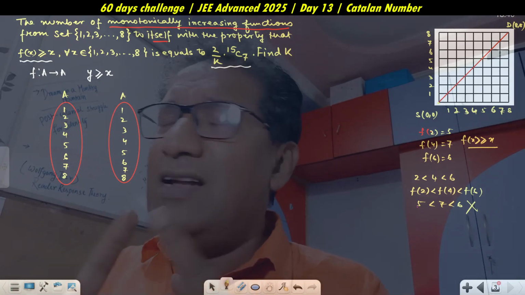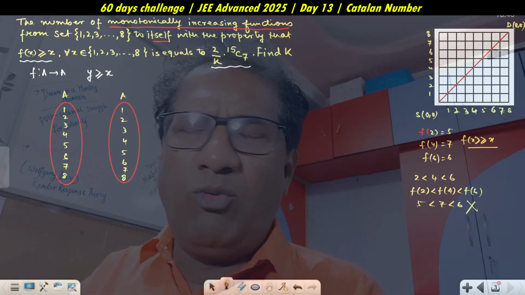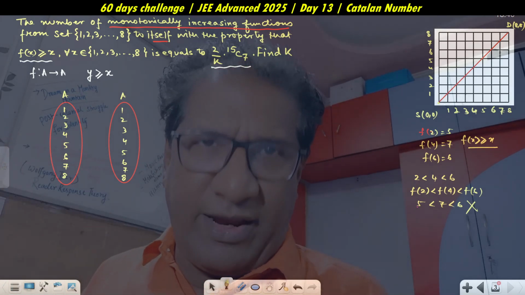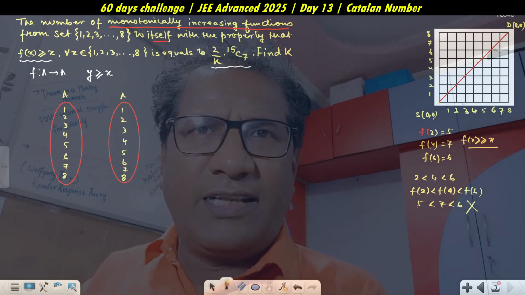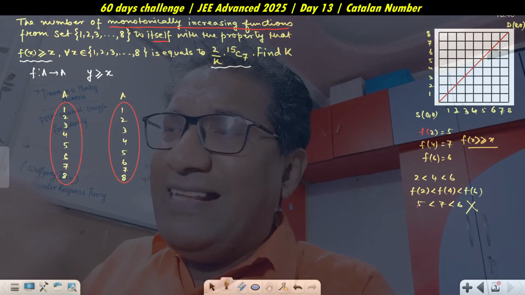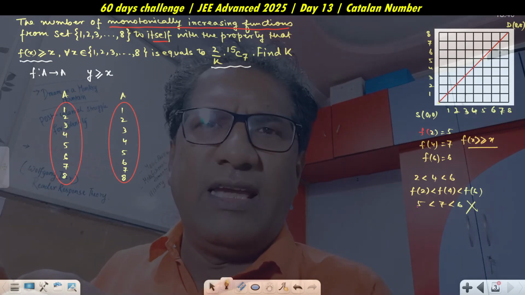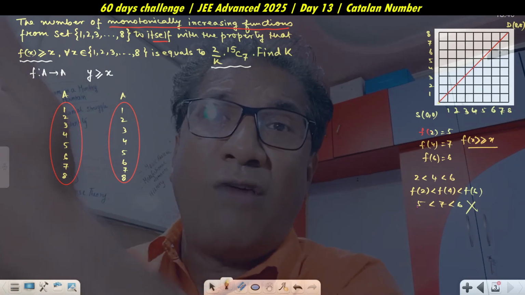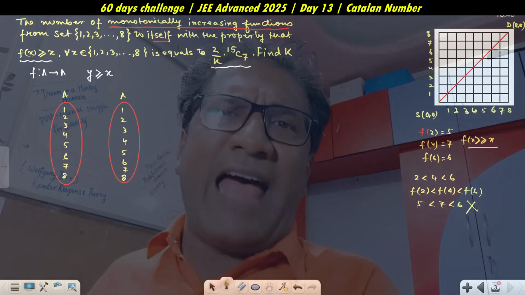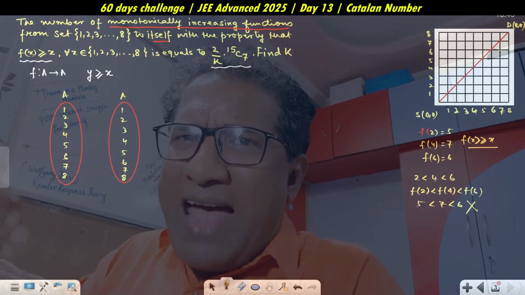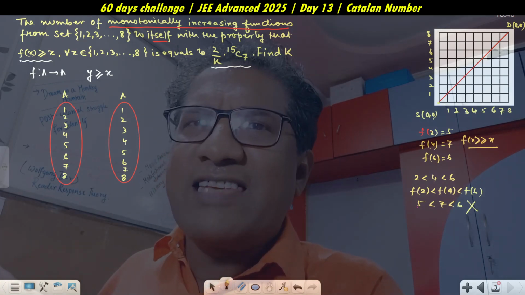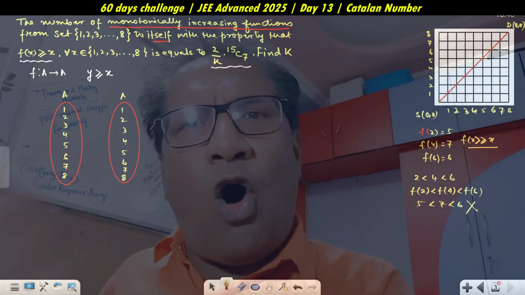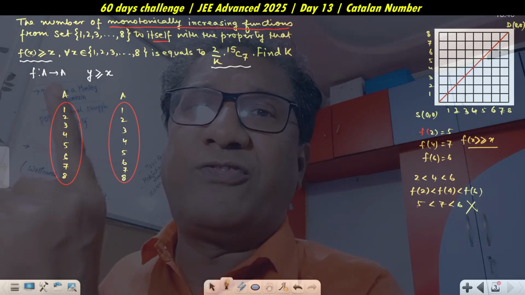See, your Catalan number, as I told you right now, that the lattice points which are below the diagonal, I told that they are the good lattice points. But in this question, they are actually talking about the lattice points above the diagonal, including the diagonal. It should not trespass the diagonal below. So in this case, our good lattice points are all points which are above the diagonal.